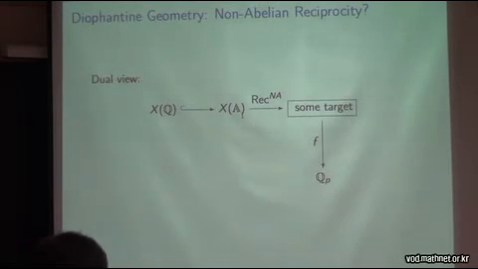So that's another view of the same thing, which is sometimes more useful. And when you do it this way, of course, you might end up with very explicit formulas for functions that annihilate global points. So this is the dual viewpoint.